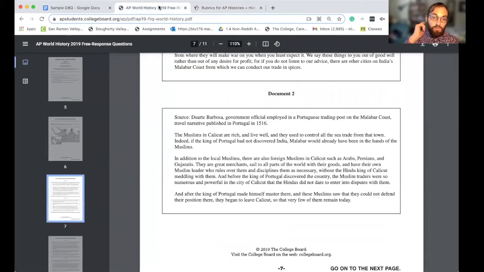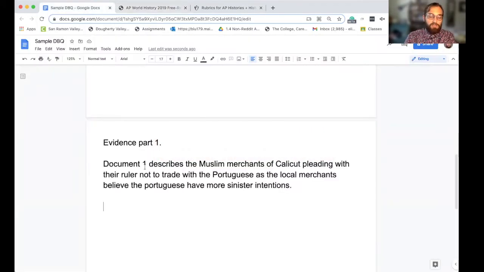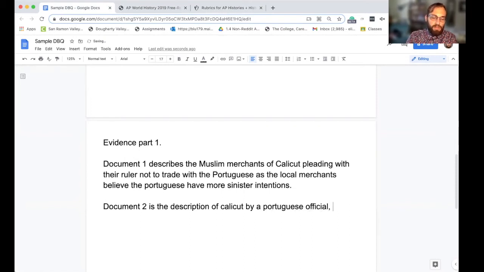Let's see, document 2, Duarte Barbosa, government official of the Portuguese trading post. So document 2 is the description of Calicut by a Portuguese official.